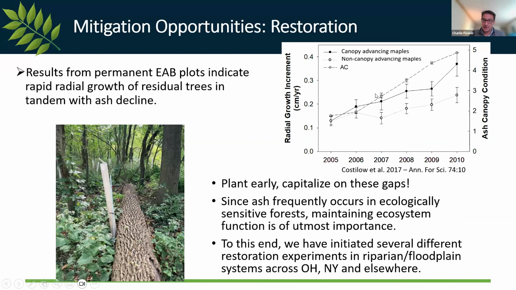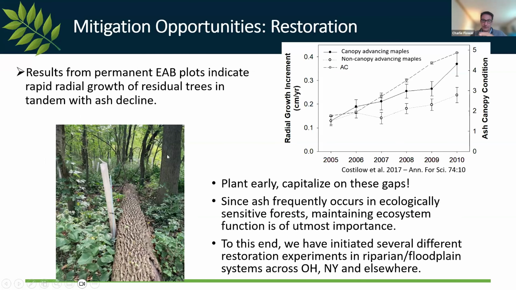And so some of the implications of this are plant early and capitalize on these gaps as they're opening. By planting early too, we can maintain the ecosystem function and ensure that these systems don't slip into shrub dominated systems. Since ash frequently occurs in ecologically sensitive forests, it's really important to maintain that function.